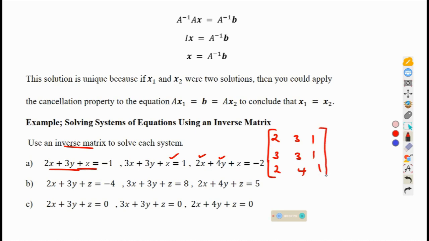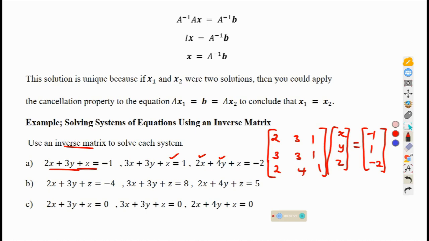So this is multiplied by x, y, and z, and this is equal to -1, 1, and then -2. So we are expressing these equations in matrix form.